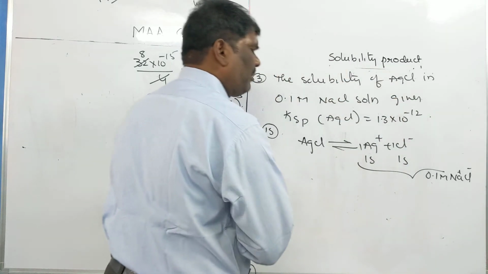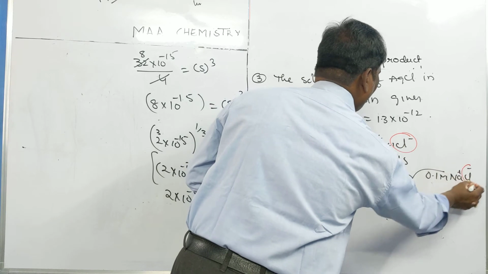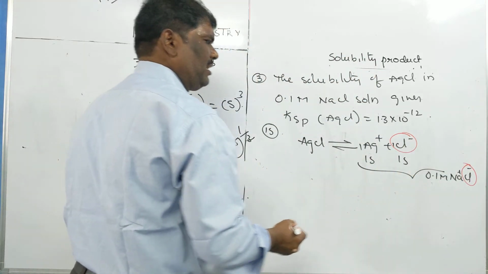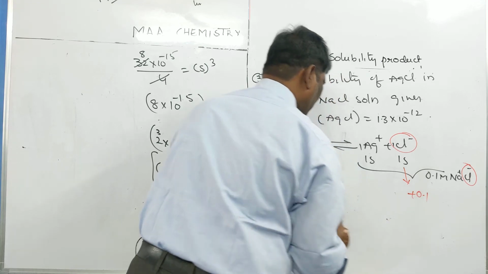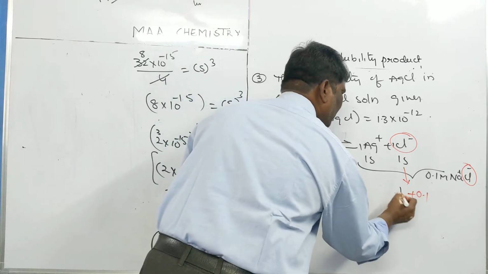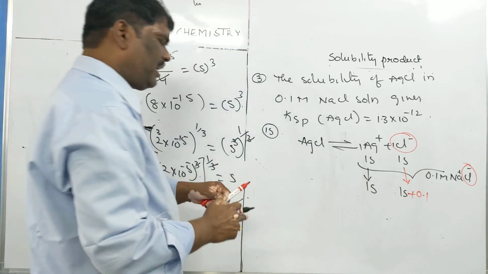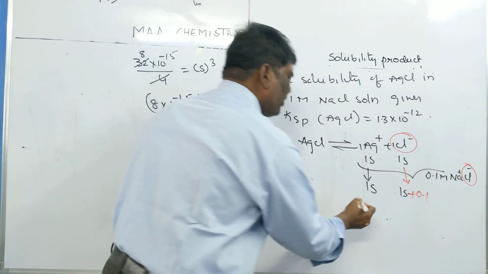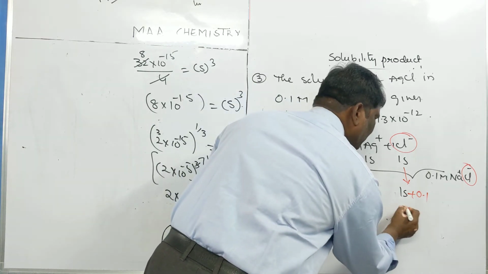The common factor between AgCl and NaCl is Cl. So the concentration of Cl will increase, whereas the solubility of Ag remains the same. But later it is taken as 1S and here this is taken as 0.1.